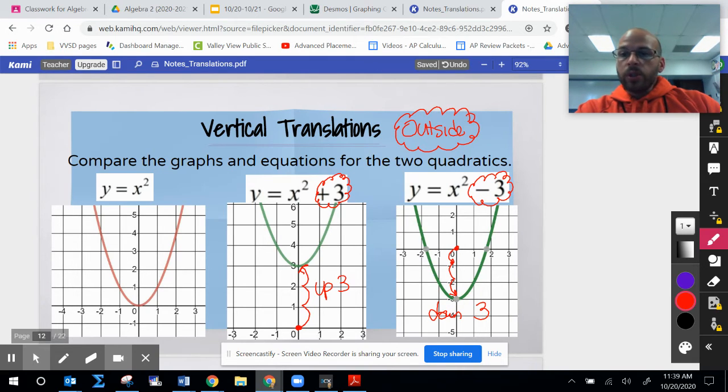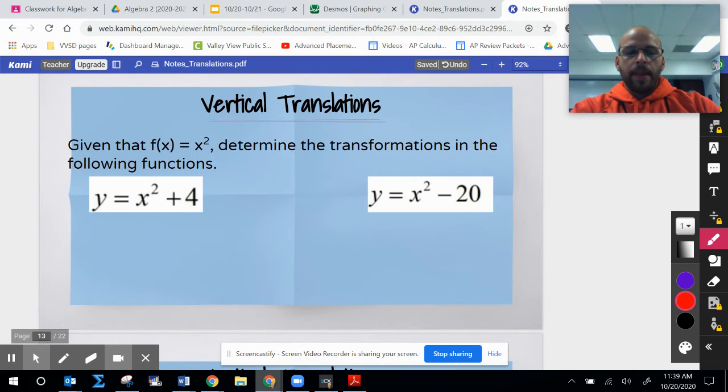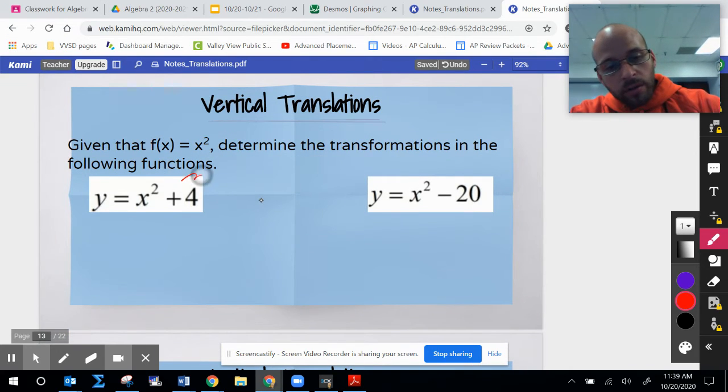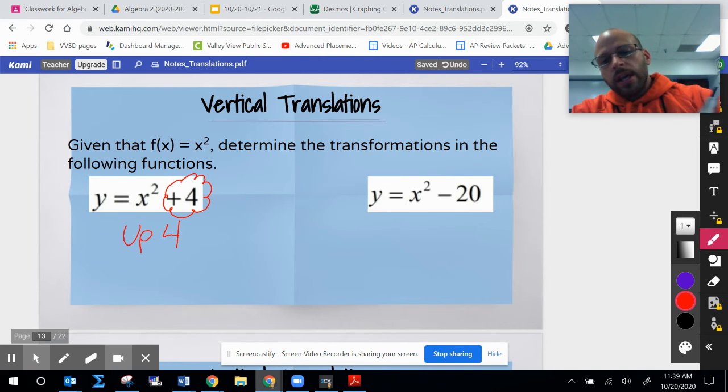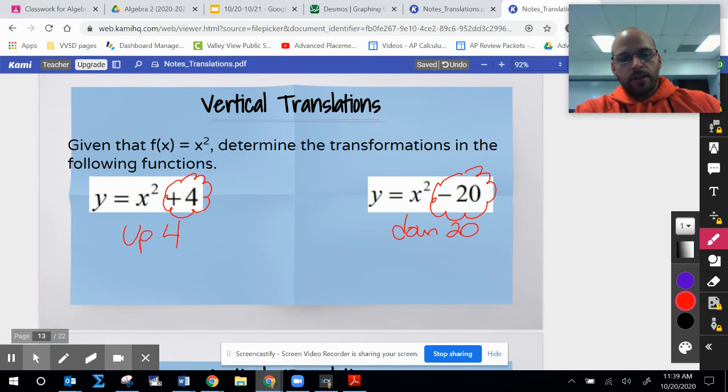Okay? So whatever you add or subtract to the end of your function is going to move my graph up or down. Right? So let's take a look at some examples. If you add 4 to the outside, that is going to make it go up 4 units. If you subtract 20, then it's going to go down 20 units.